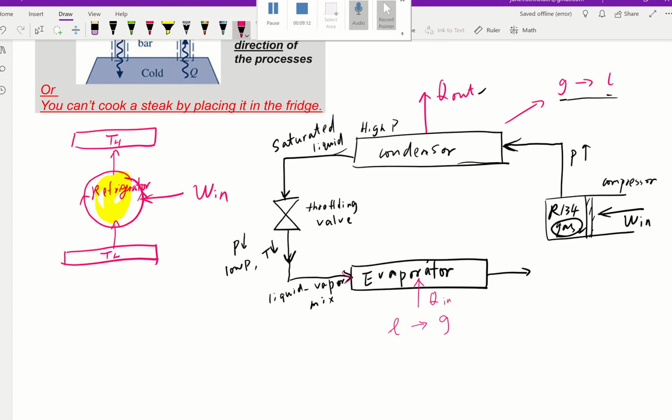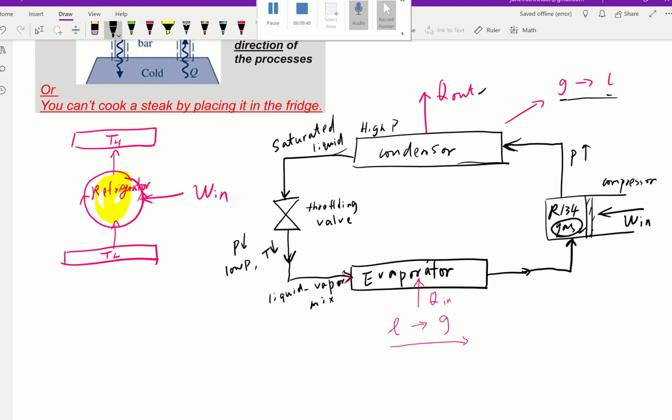So when the freon absorbs this heat, it goes from liquid to vapor again. So this vapor comes back through the compressor and is compressed. Then this cycle restarts again.